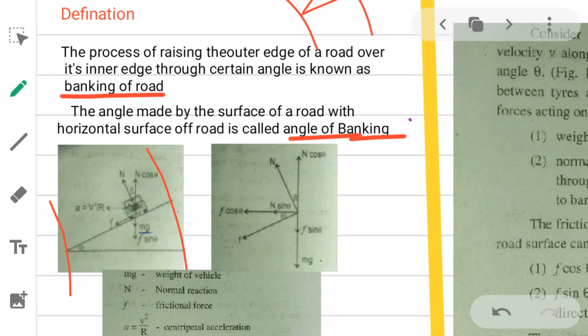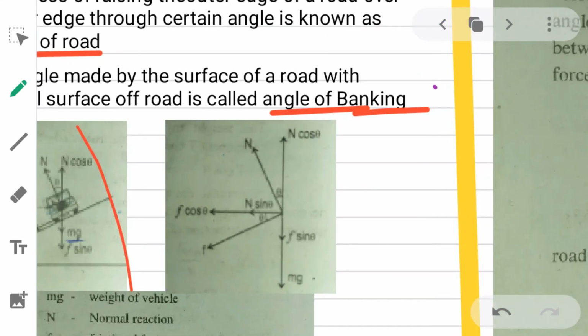Now these are the balancing forces, two components, vertically upward and vertically downward: N cos theta and N sin theta. Now the applied force, F, has two components, F cos theta and F sin theta. See here, N cos theta, N sin theta, and F sin theta, F cos theta.